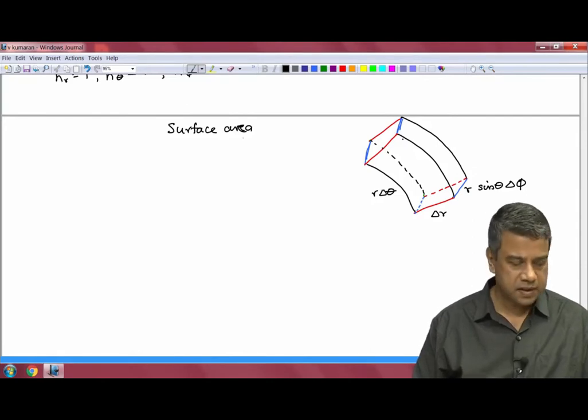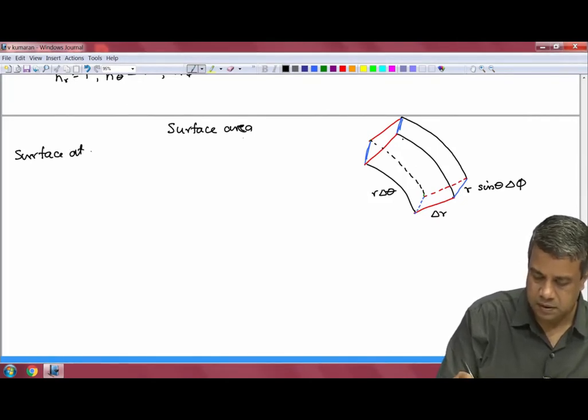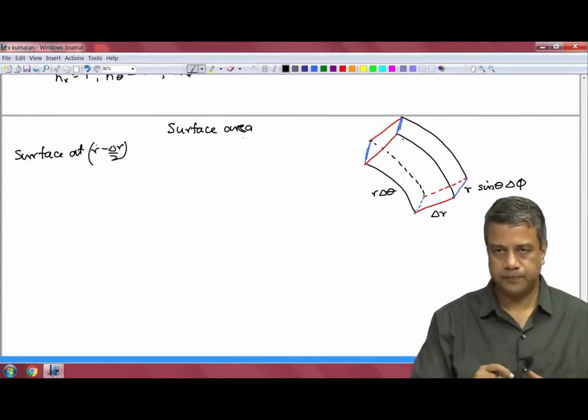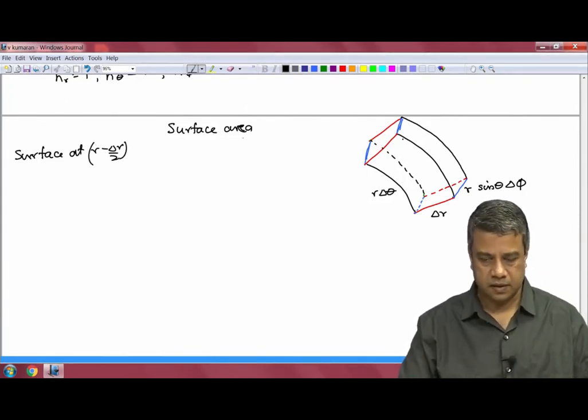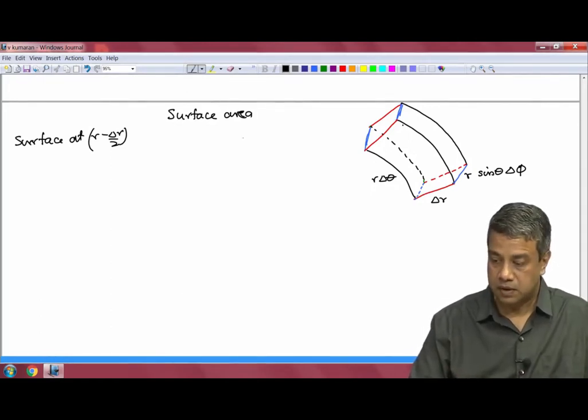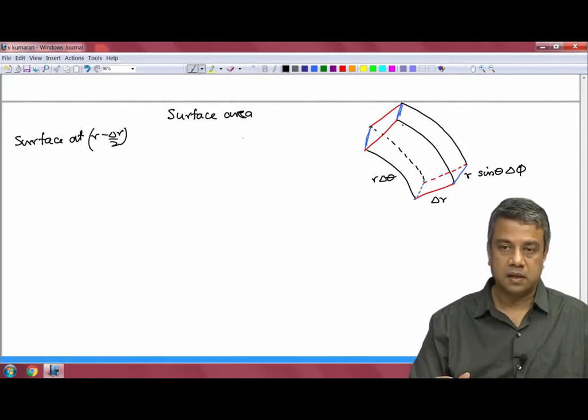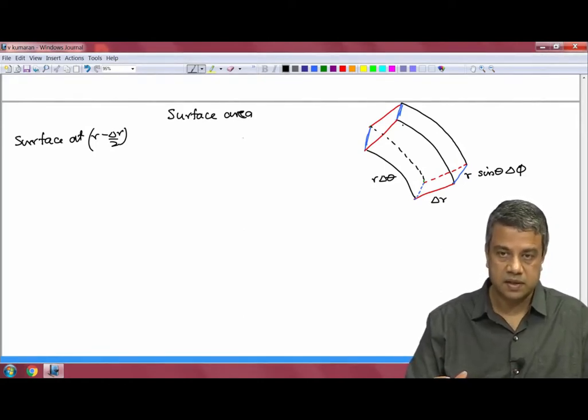So, what are the surface areas of these surfaces? Consider the surface at r minus delta r by 2. What is its surface area? This is going to be the product of the 2 incremental distances perpendicular to the surface.